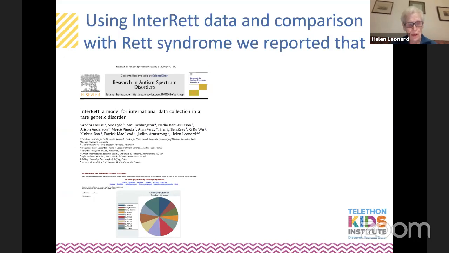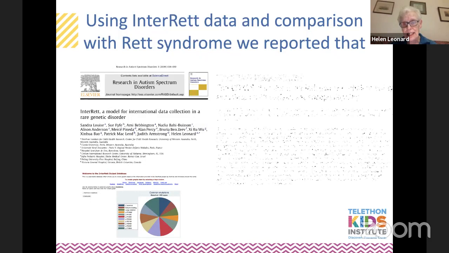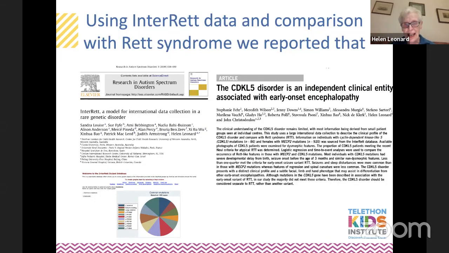Just to give you a quick overview, we identified CDKL5 as an independent disorder in 2011, when we used our InterRett data and compared those with mutations in CDKL5, the early onset seizure children, with the typical Rett syndrome children who had mutations in MECP2.